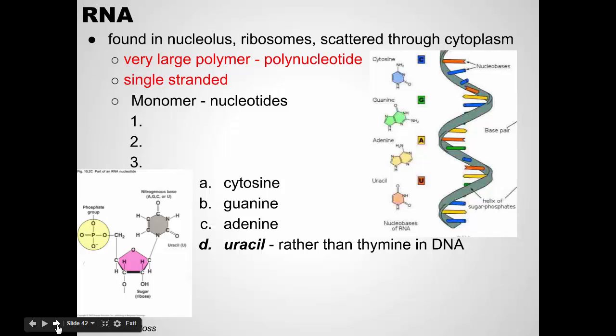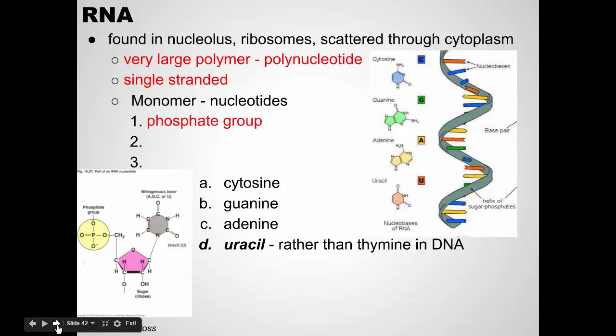Okay? It's single-stranded. So DNA, as you remember, is double-stranded. RNA is single-stranded, forms a helical shape. Its monomer is also a nucleotide, and the nucleotide has similar parts.